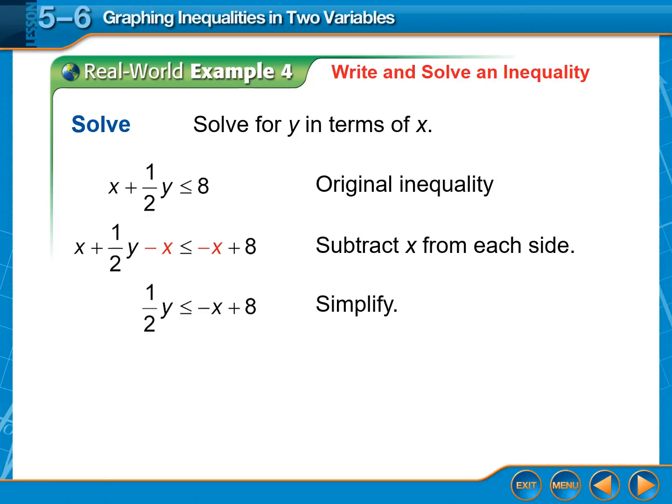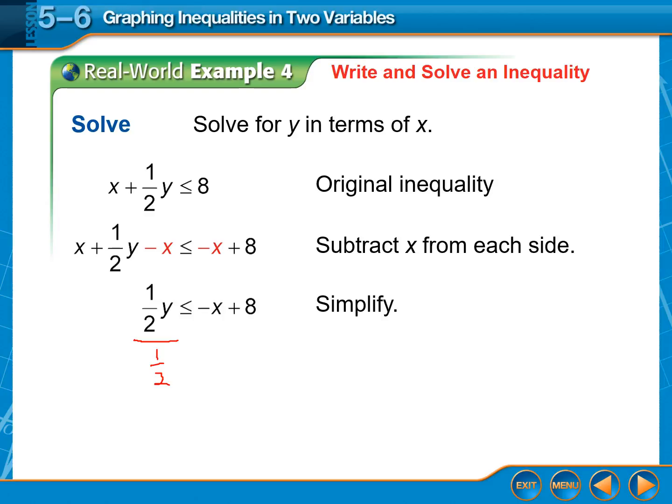Now, if you remember back before, what we said was that when we're dividing by the coefficient of y, we could say we're dividing everything here by 1/2. But again, what happens when we divide by a fraction? We keep it, change it, and flip it.